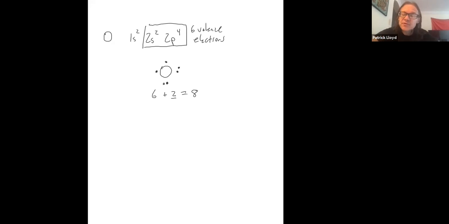It needs 2 more. So what does it do? It very often will form a bond to 2 separate atoms, or 2 bonds to a different atom. So what you'll see is the oxygen will use one of these electrons to form a bond to a hydrogen atom. So the hydrogen is providing one of them, the oxygen is providing the other.